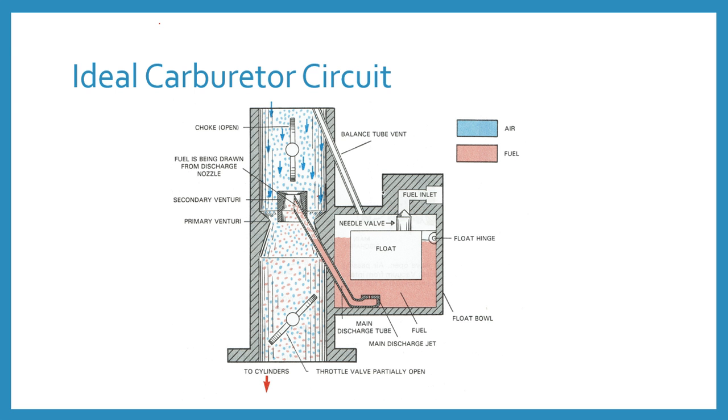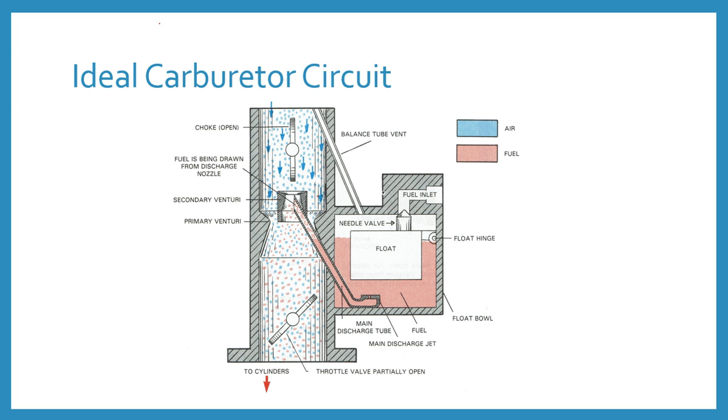Then a separate passage, sometimes called the idle passage, is provided alongside the float chamber, which contains a slow running jet and is connected with the float chamber.